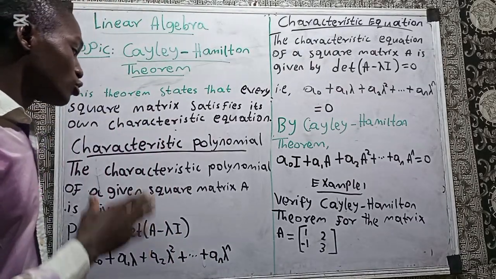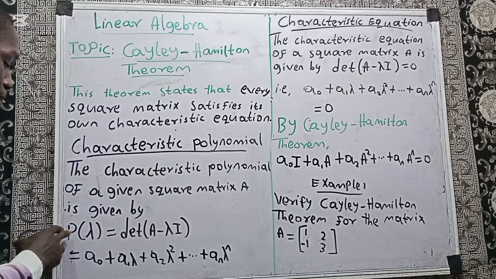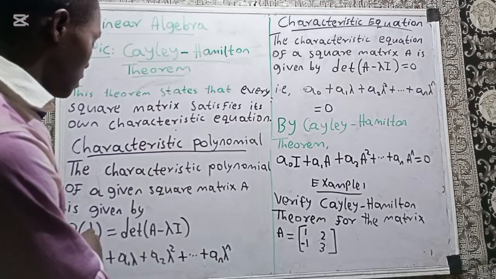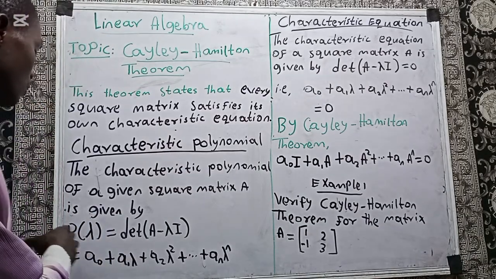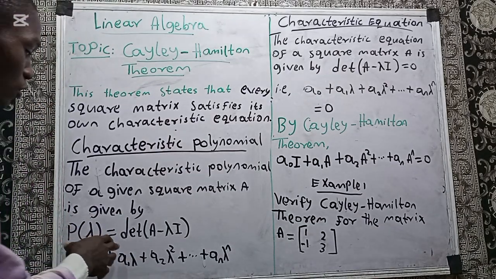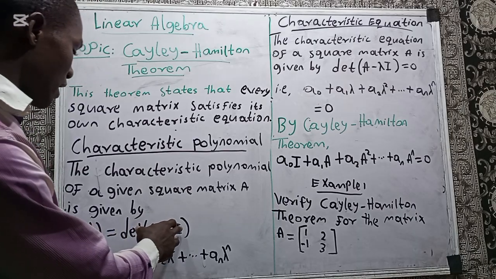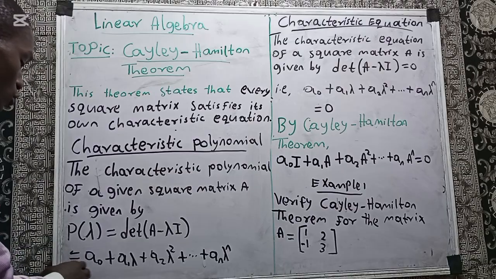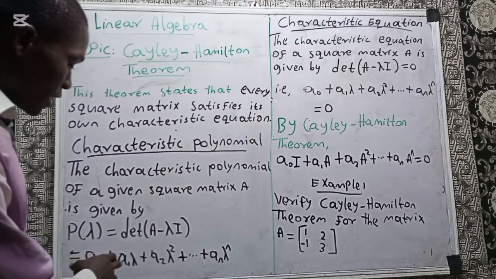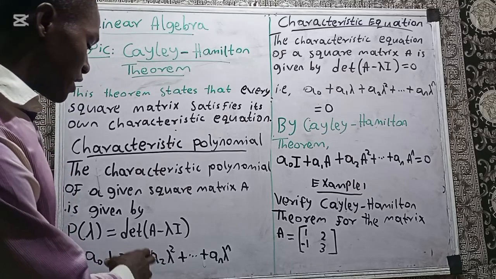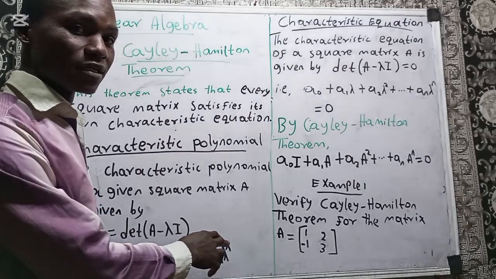The characteristic polynomial of a particular square matrix A is given by P of lambda. This lambda is just a scalar. So P of lambda equals determinant of A minus lambda I, and is equal to a sub 0 plus a sub 1 lambda plus a sub 2 lambda squared up to a sub n lambda raised to power n.